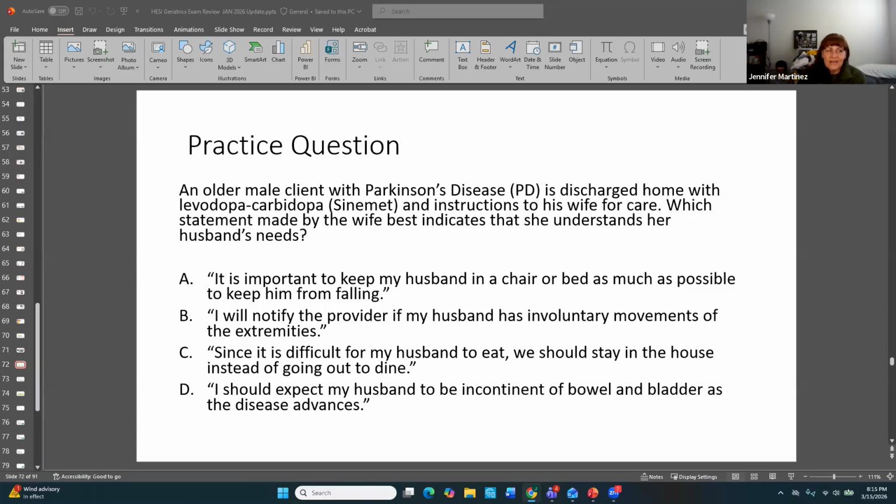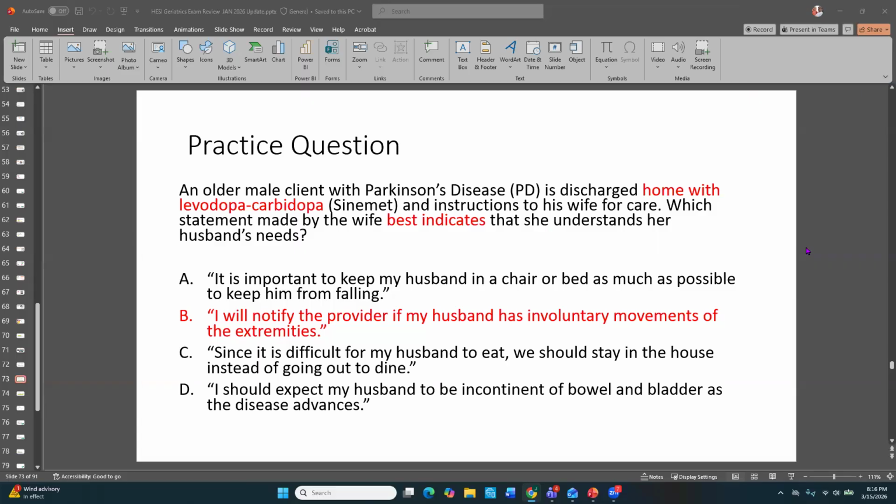So regarding Parkinson's disease and the use of medications and instructions, what would indicate that she understands her husband's needs? It is B. I'll notify the provider if my husband has involuntary movements of the extremities.